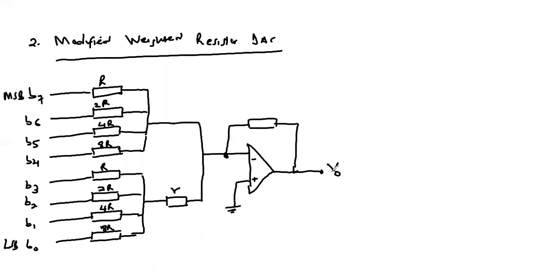The only challenge in this is the determination of the value of the resistor small r, that would ensure that our weighted resistor DAC with the modification maintains a similar ratio to the unmodified weighted resistor DAC.